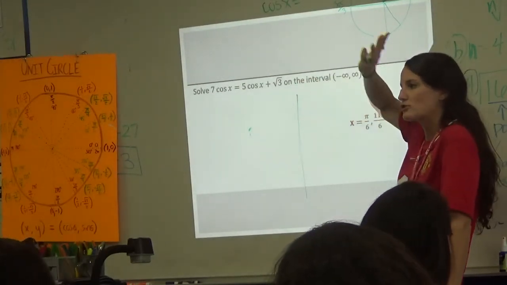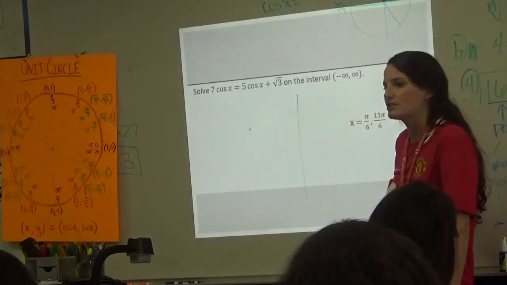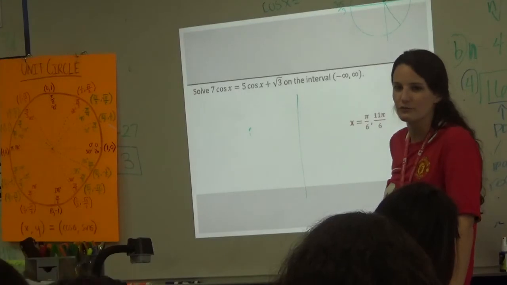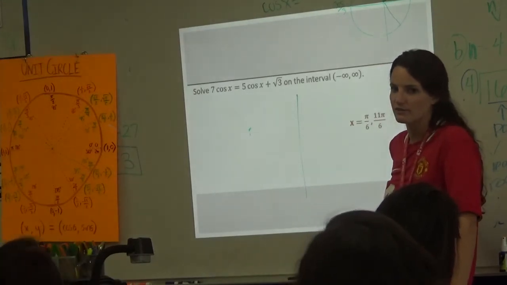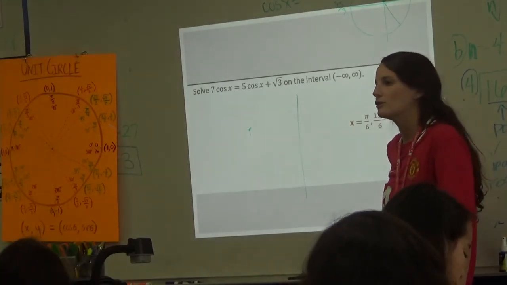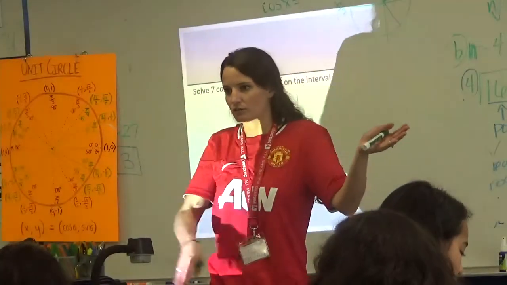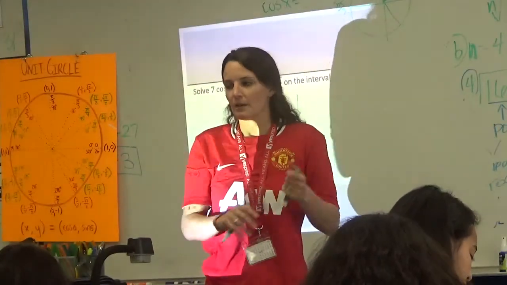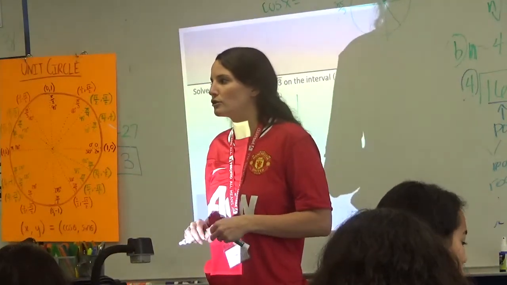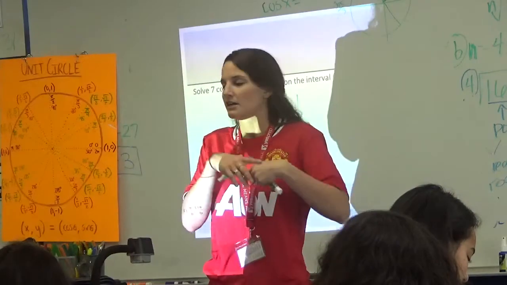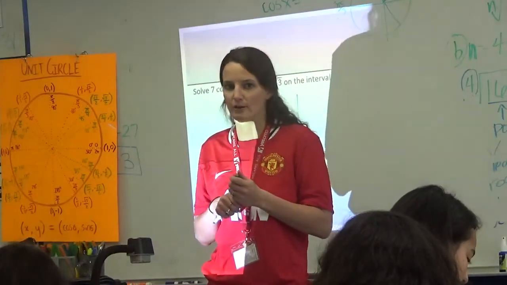a little more abstract thinking, that I asked you to tell me all the x values on the interval negative infinity to infinity, which means our angles are not bound by just 1 degree all the way to 360 degrees, right? If you recall, back in Unit 4, we talked about how every angle has infinitely many co-terminal angles.